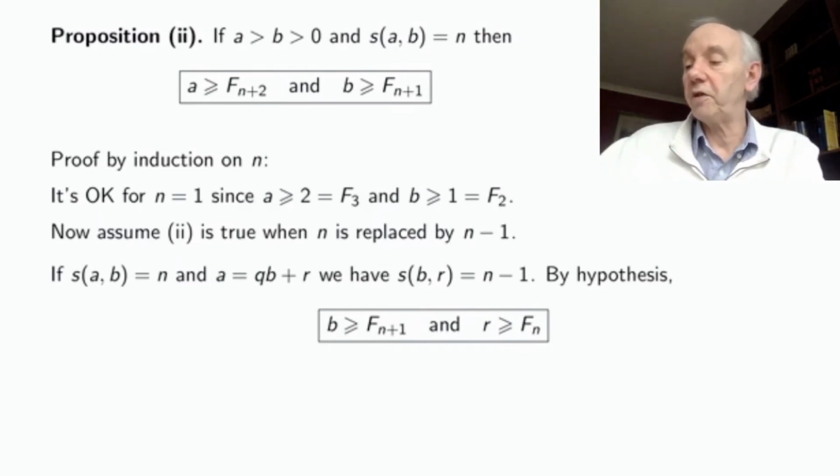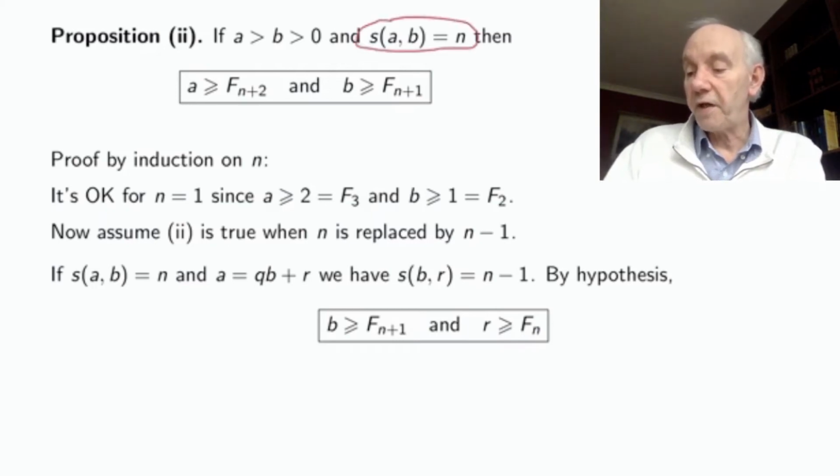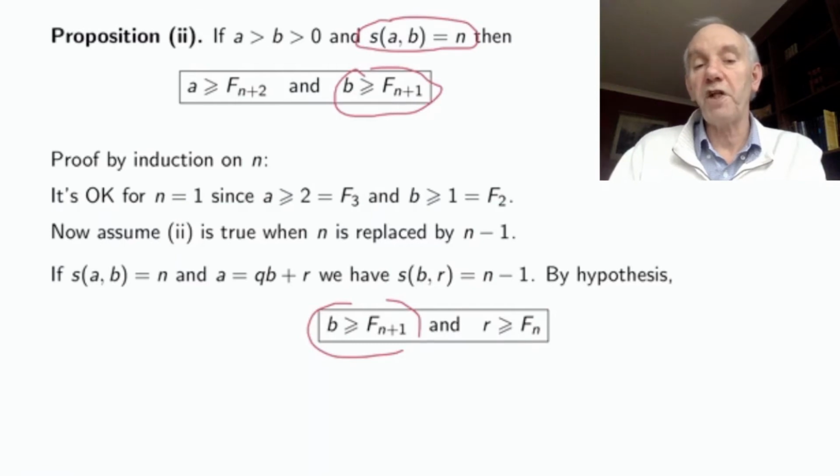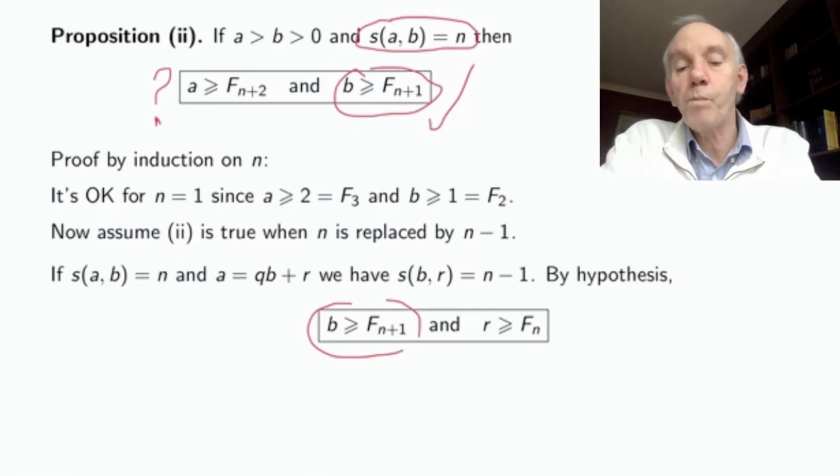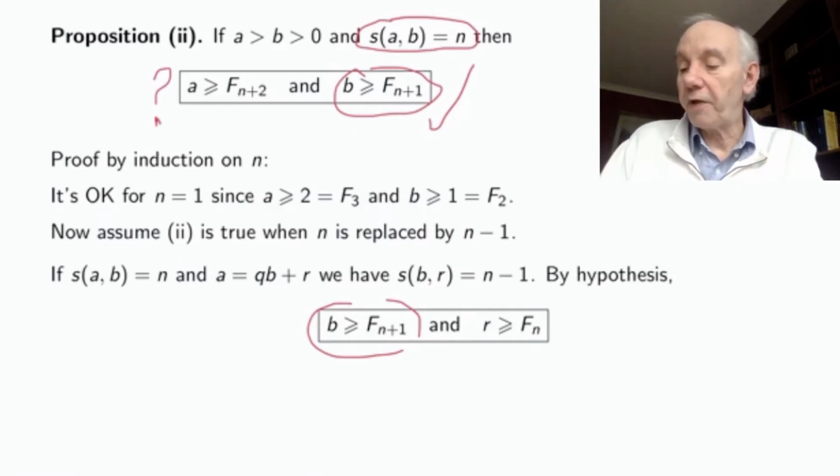Now, what have we got to do? We've still got to finish this off. We're assuming that, but now we've already shown that B has to be at least f of n plus 1. So that is that statement. So we've already got that. We need to prove this inequality for A. Okay, well, A, let's think what A is.